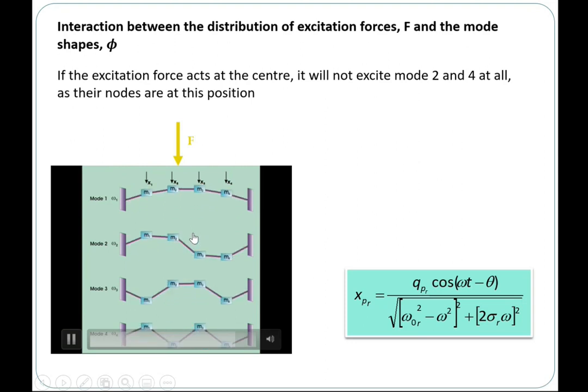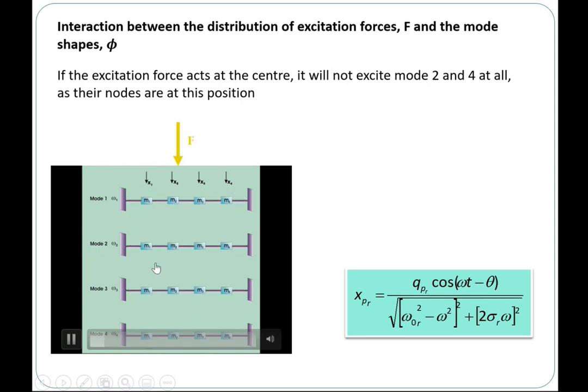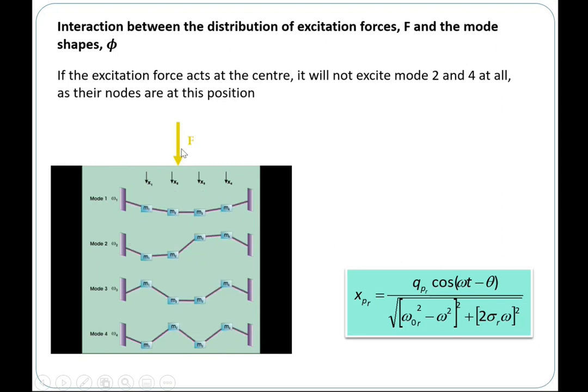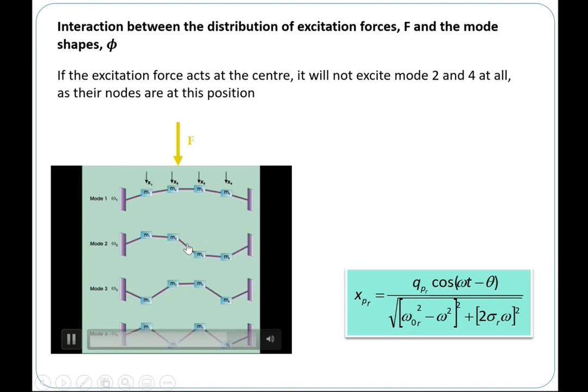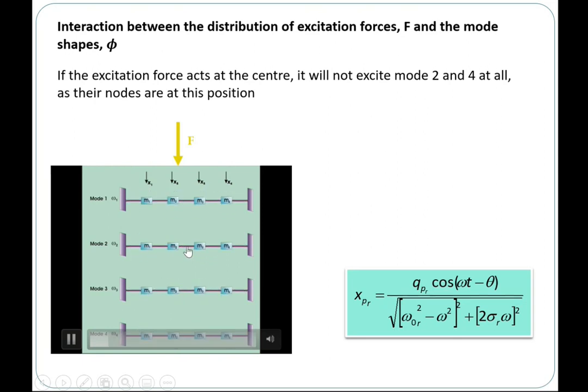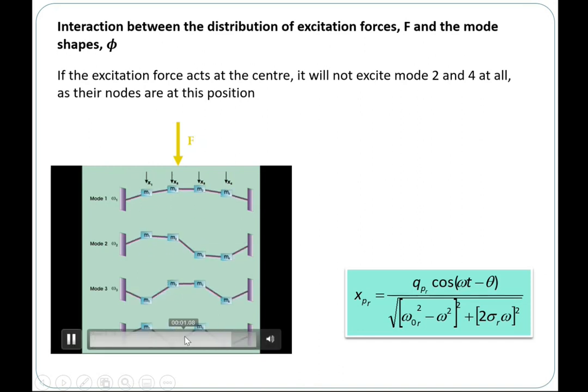Your vibrations will have no contribution from mode 2 as well as mode 4, because for the location of the force that you act at for mode 2, you see no movement. If you look at my mouse cursor, the point I'm pointing to is not moving at all. Right? Same with mode 4. If I point at here, this point is also not moving.